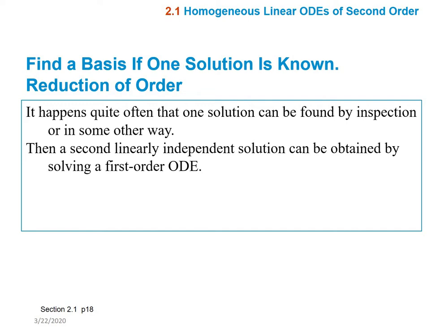Now, the idea of this comes right away from the basis. Since I should have a basis, which means the quotient of the two is not a constant, the quotient should be a function of x. And this method is called reduction of order. Now, I have two approaches.